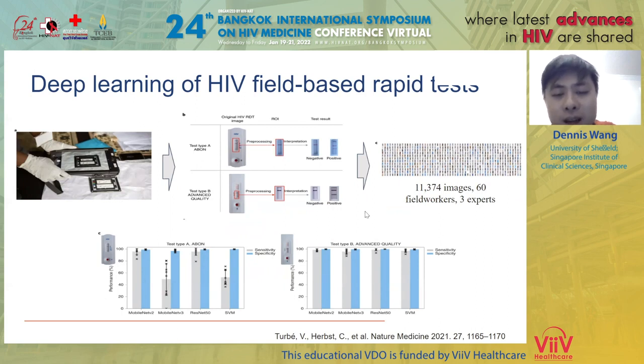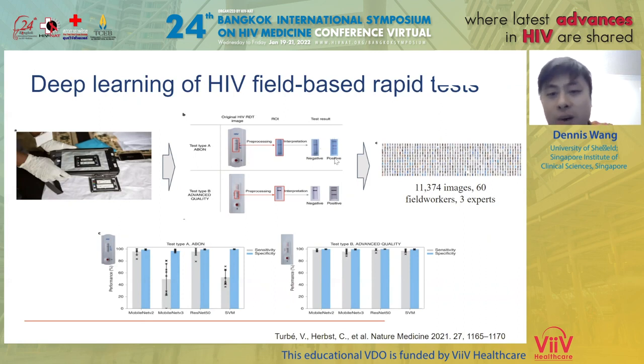So what this team in Africa did is collect many thousands of images of lateral flow tests and classify them using field experts, and then train machine learning algorithms to read the lateral flow tests.